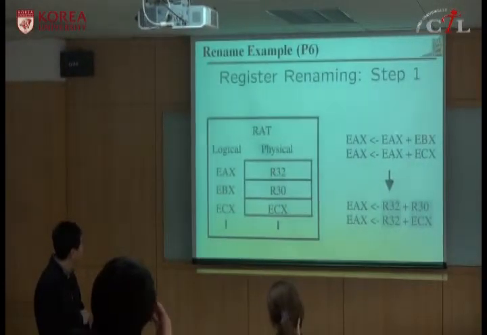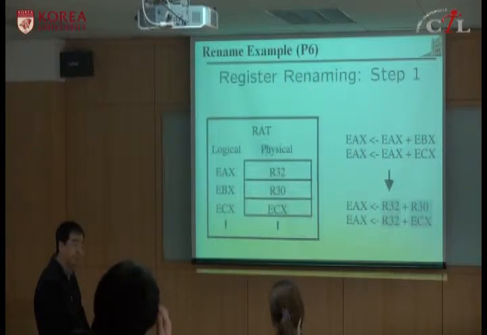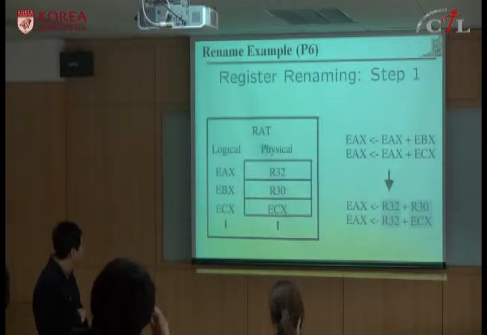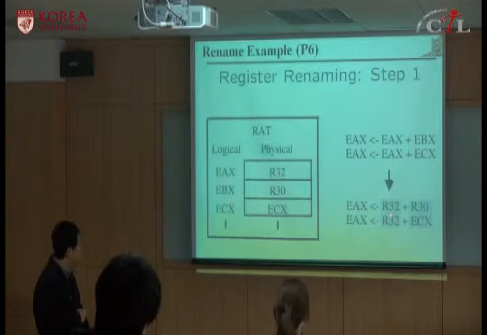Okay, so these instructions come to the pipeline. For each source, you look at the map table. EAX is mapped to R32. You translate EAX to R32. EAX is R32, EBX is R30, ECX is the same as the logical register.